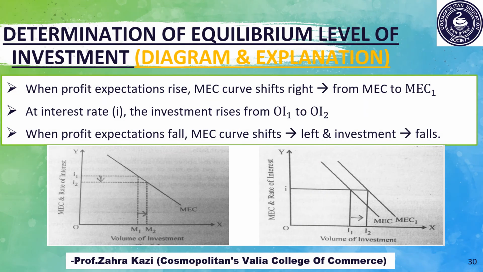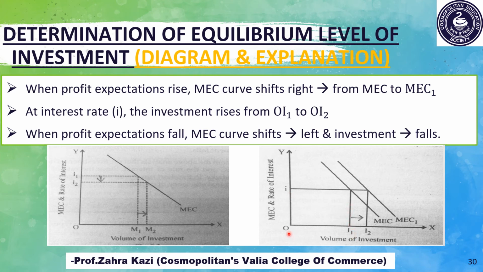Students, always remember, whenever the profit expectations change, the MEC curve will shift. So look at the second diagram towards the right. In this diagram, when profit expectations rise, the MEC curve shifts towards the right. The initial MEC curve shifts to the right to MEC1. Further, at rate of interest I, the investment rises.